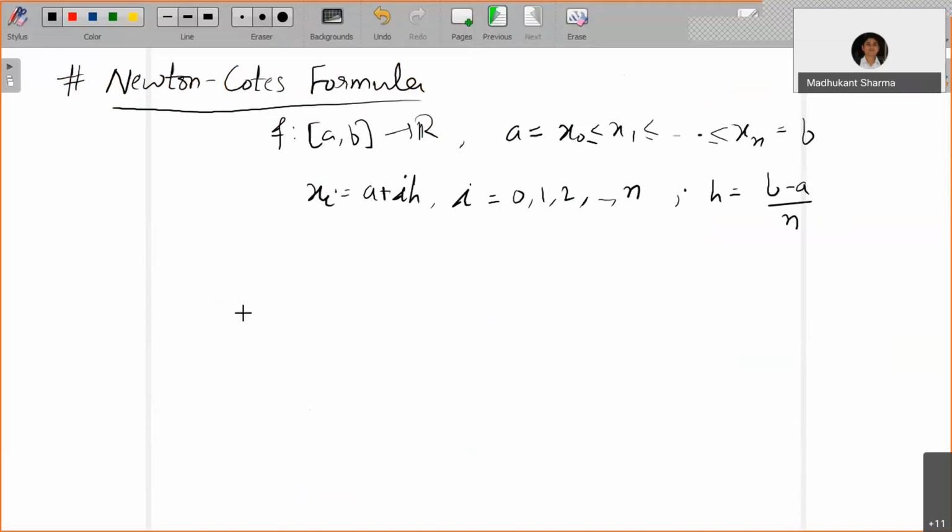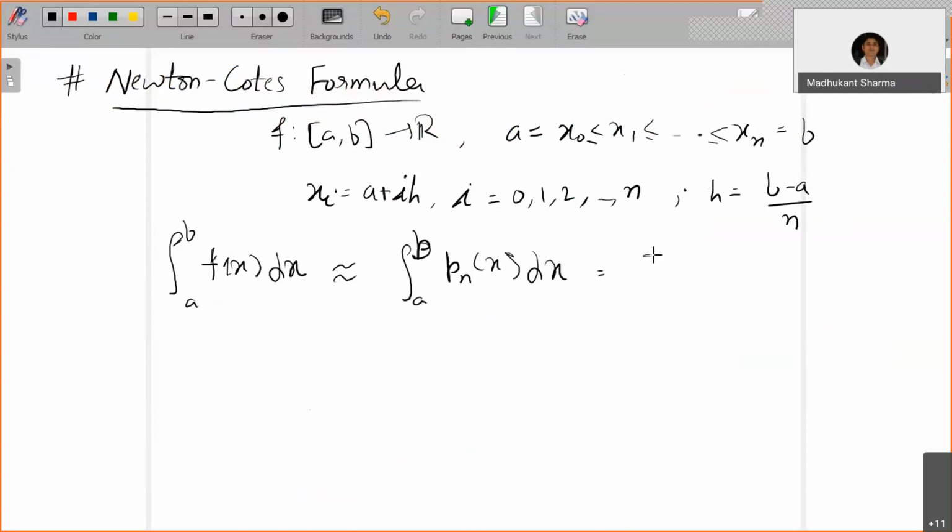Okay, and we have approximated the integration a to b of f of x dx by the integration a to b of Pn of x dx. What was Pn of x? This is given by the summation i equals 0 to n of ai times f of xi, if you recall.